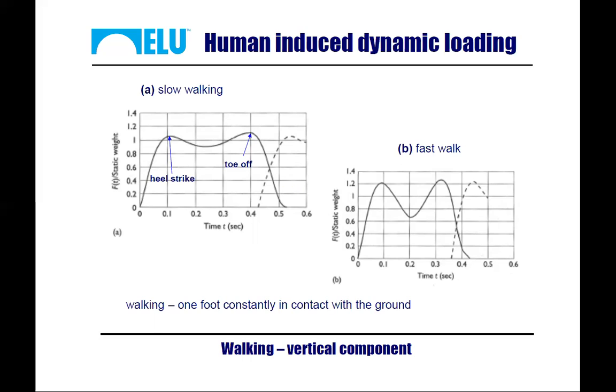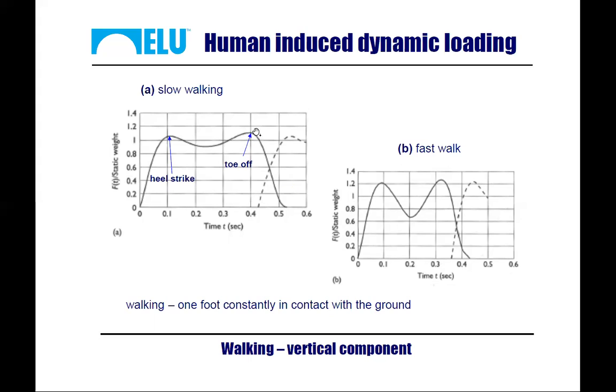And these 2 points are 2 characteristic situations when we walk. The first one is whenever taking a step, the first thing we do is we plant our heel on the ground. We plant our heel and we will exert a force which, even for slow walking, is higher than our static weight. Then we will roll on our foot, and then we will push with the toes to take the next step.